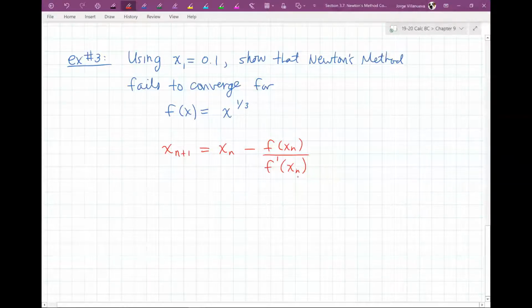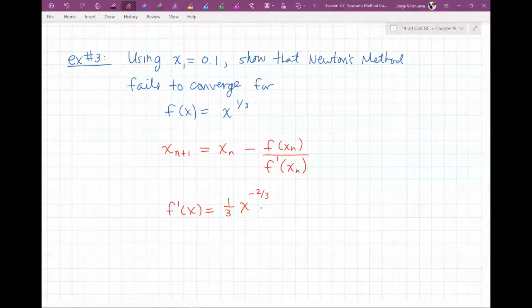Now the derivative, let me do the derivative right here under it. F prime of x will be 1/3 x to the negative 2/3. Okay, that's the derivative of, I'm sorry, let me get rid of the sub n for now. That's the derivative for f of x.